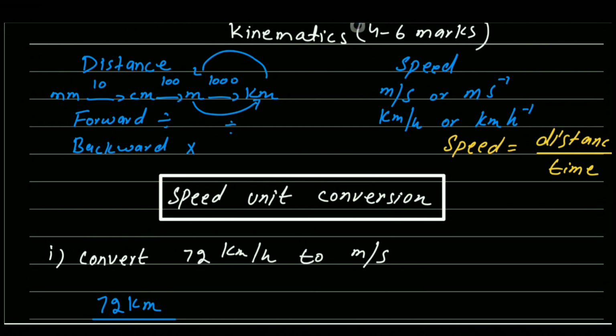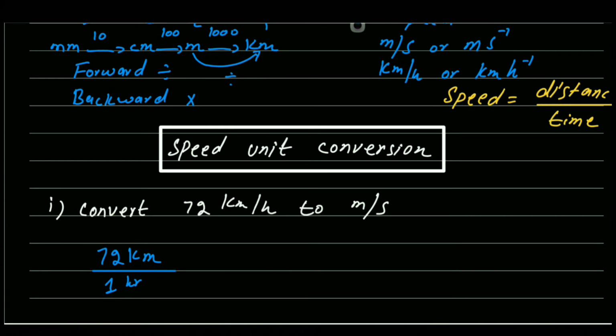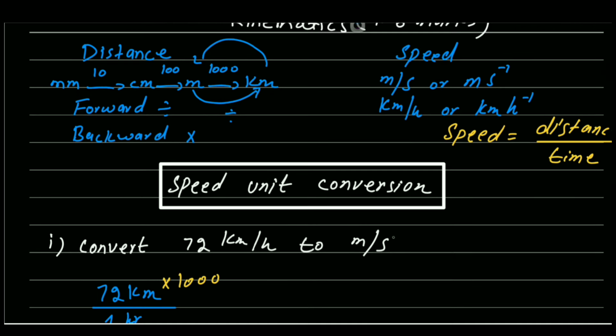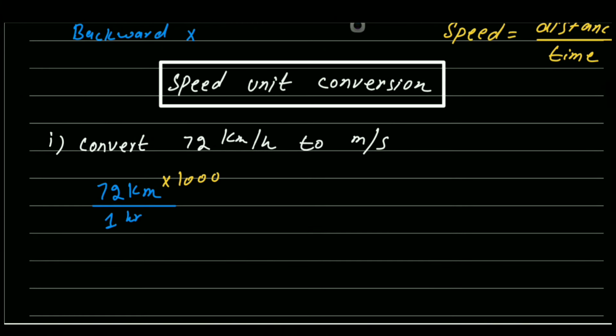Backward means you have to multiply with 1000. And to convert hour into seconds, you have to multiply with 3600.